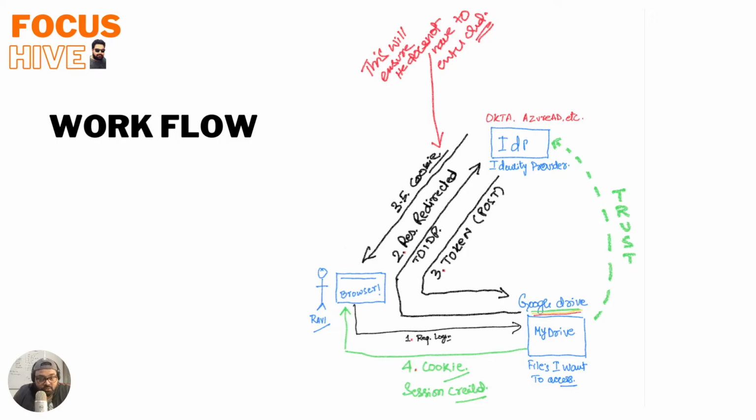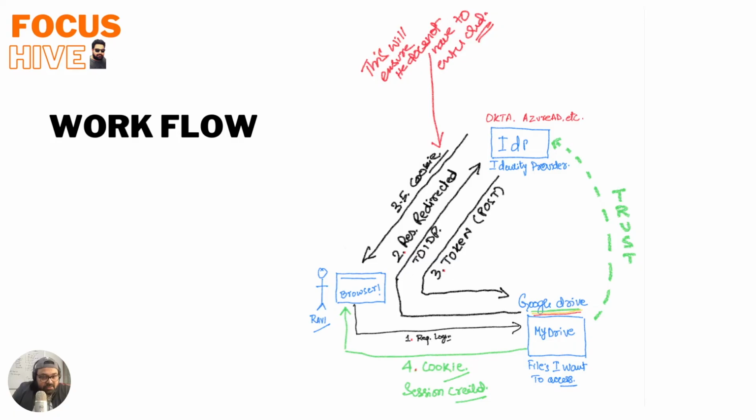And then they will know that when Google Drive is being accessed by a certain user of a certain domain, then Google Drive will say, I am not going to authenticate this user. I'm going to ask my IDP to authenticate this user. All right. It's like they have outsourced their authentication to the IDP. So that outsourcing has to happen beforehand.